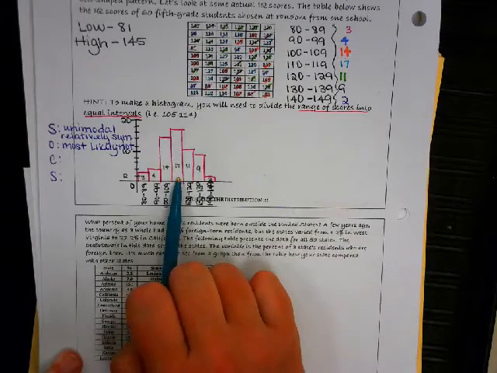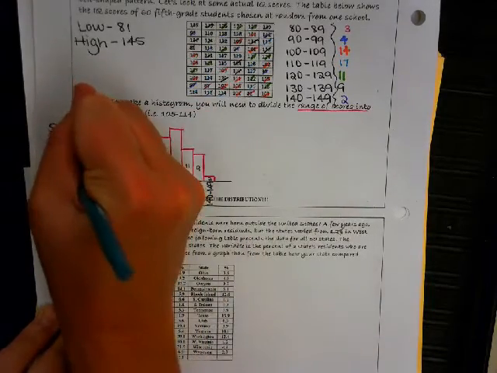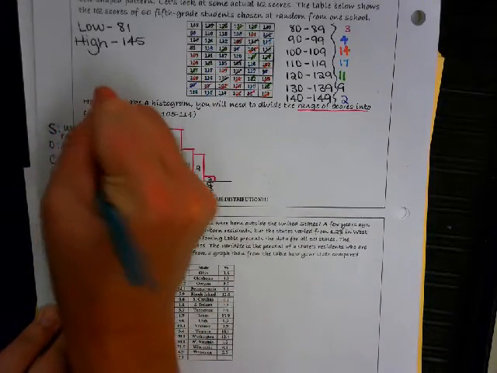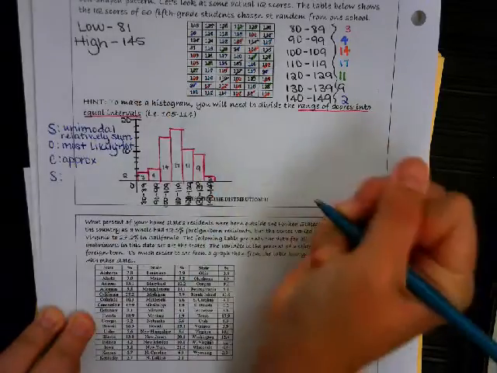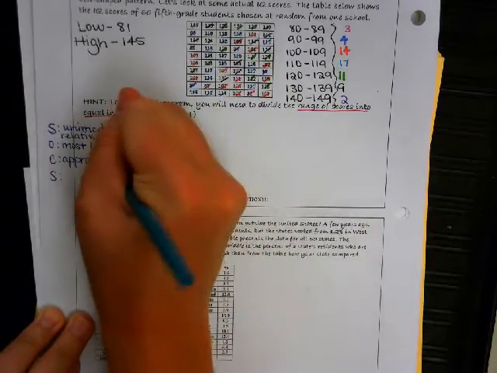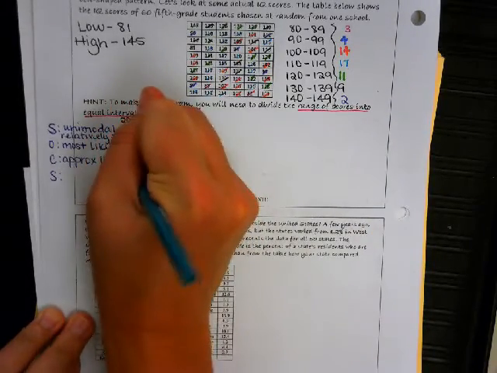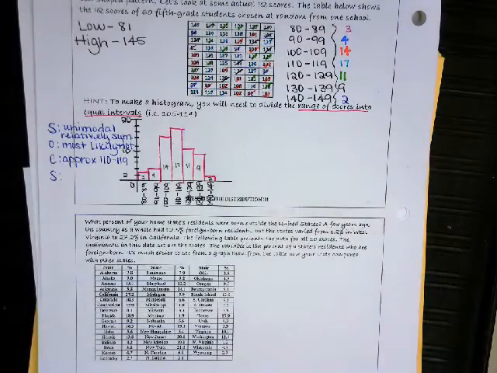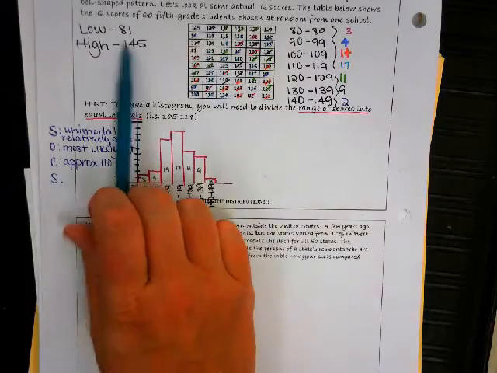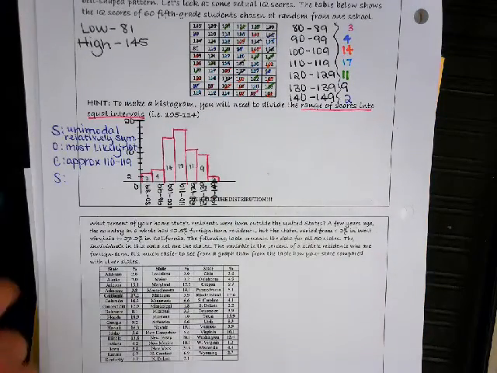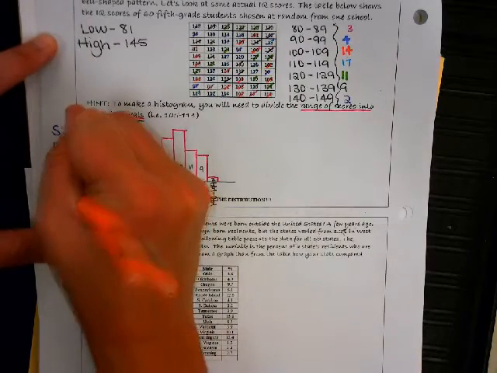So approximately, what was that? 110 to 119. And then spread, because we made the histogram, we have the high and the low. So we can find the actual range. 145 minus 81, that'd be 64.